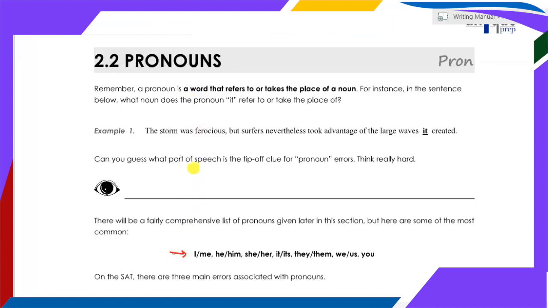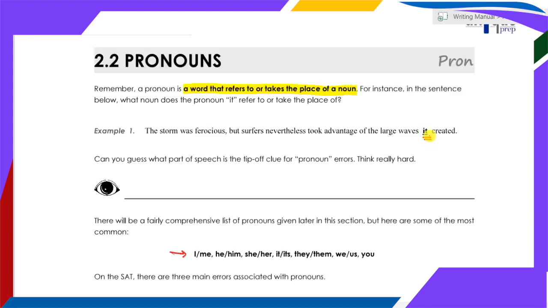Let's take a look at a pronoun in action in example 1. First, let me go ahead and highlight this here. I would suggest highlighting that as well. In example 1, read it all the way through, and what I need to know from you is to what noun the pronoun it refers to or takes the place of. So in example 1, we have: the storm was ferocious, but surfers nevertheless took advantage of the large waves it created.